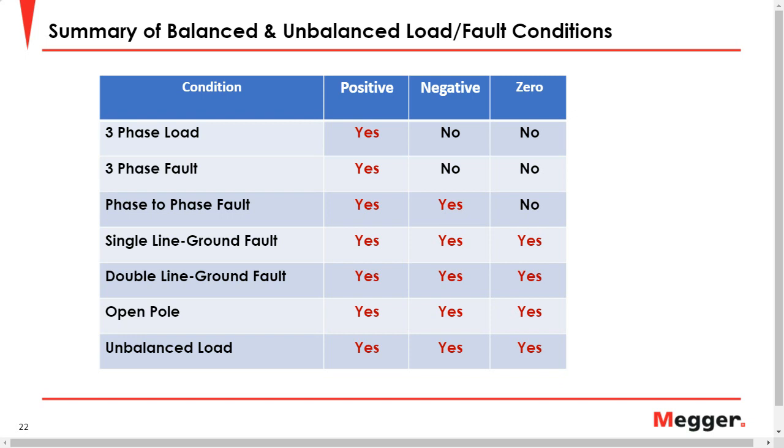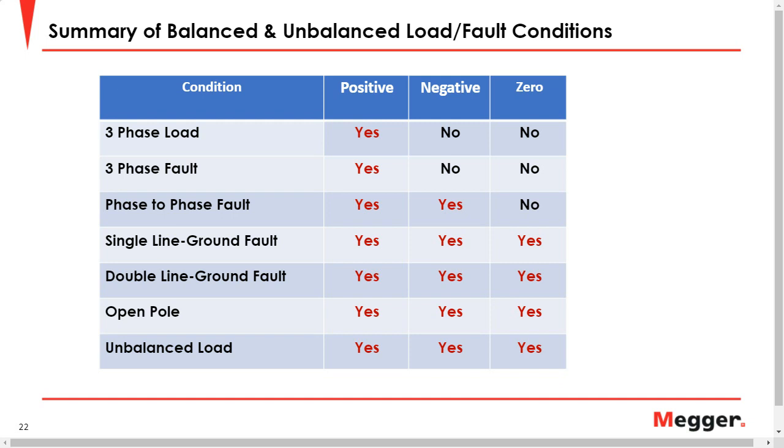On a three-phase balanced fault, you're also going to see all positive sequence, no negative or zero. When we get into the phase-to-phase faults, we see positive sequence and negative sequence, but no zero sequence. We have no path to ground. And with single line to ground faults, then we introduce the zero.